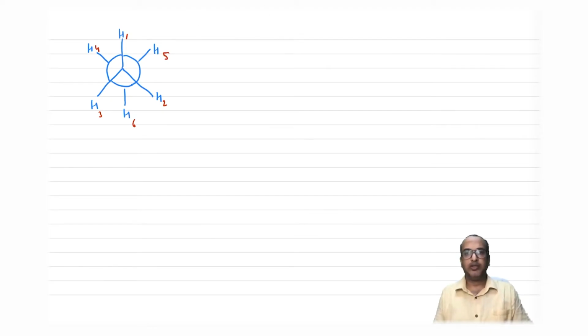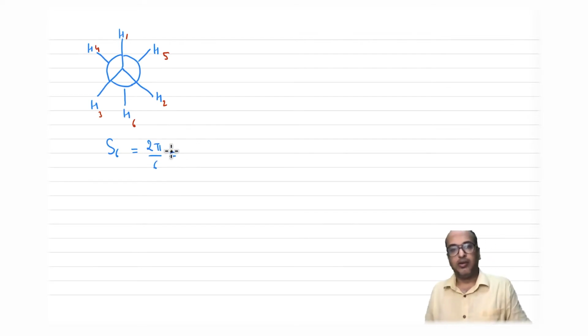Okay, so now let's see how we do this operation. As I said, we can do C6 first. So what kind of Sn are we looking for here? We are looking for S6 in this case. Why S6? Because this will be a 2 pi by 6 operation. What will be the angle?